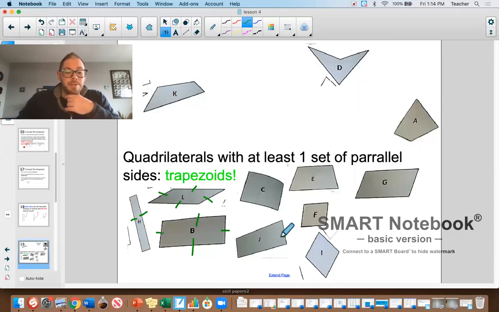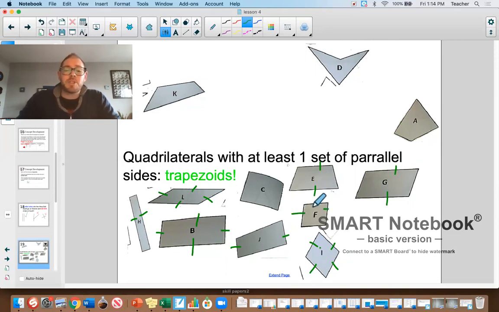This one and this one. Not all of these have 2 sets of parallel sides, but they've all got at least 2 sides that are parallel. All right, so grade 3s, I think you all get the idea about this. Right now, we're going to be going to our next slide.